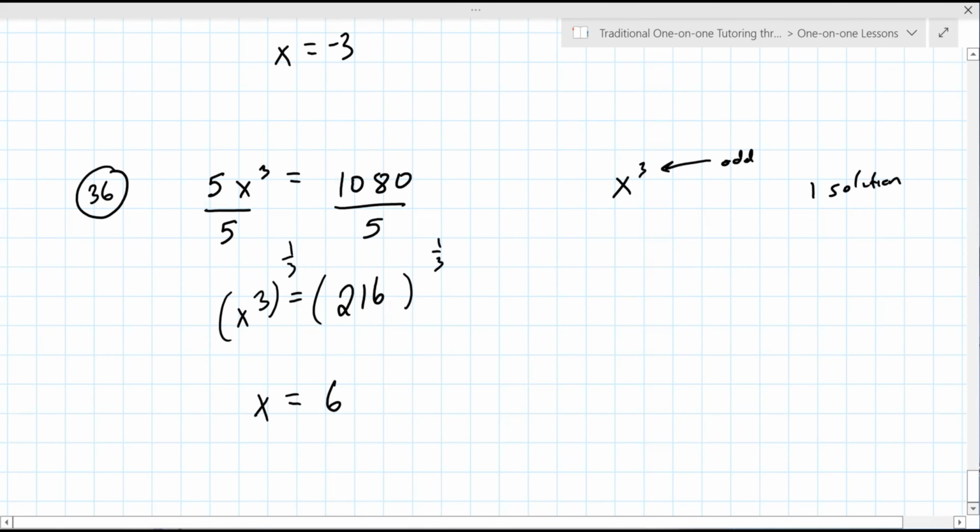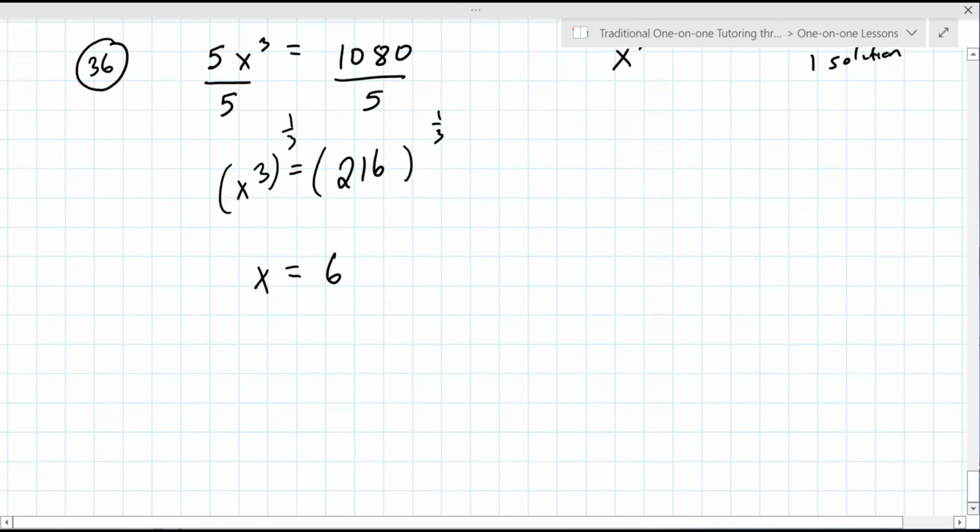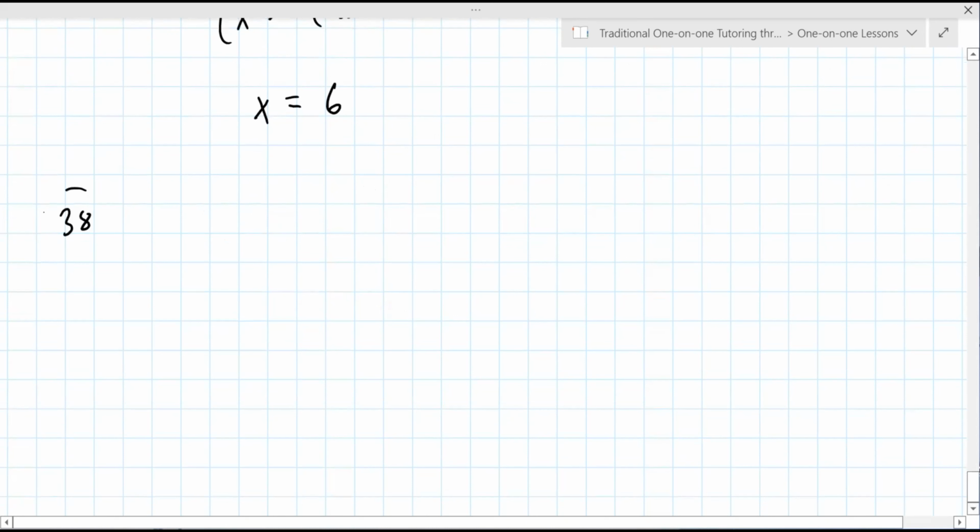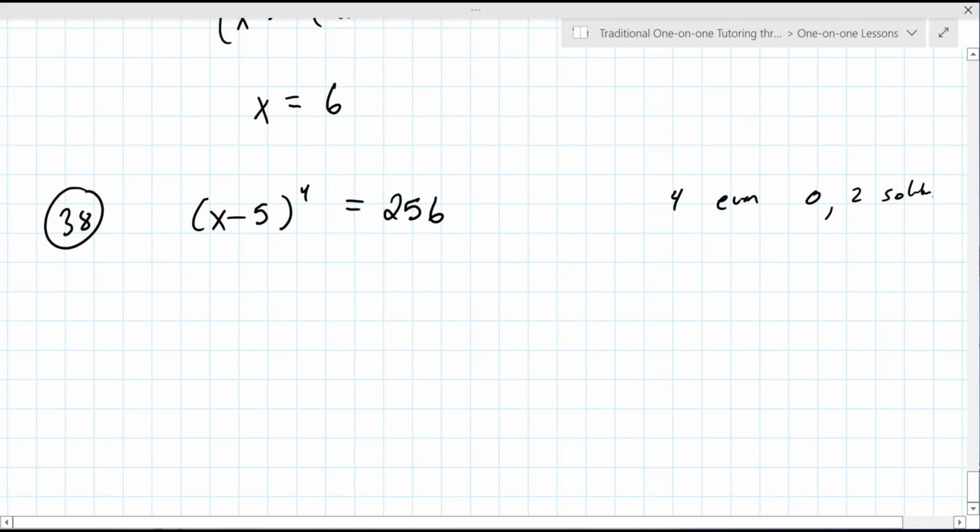Okay, let's look at 38 next. So (x − 5)^4 = 256. What I notice right away is 4 is even. That means there are either 0 or 2 solutions.